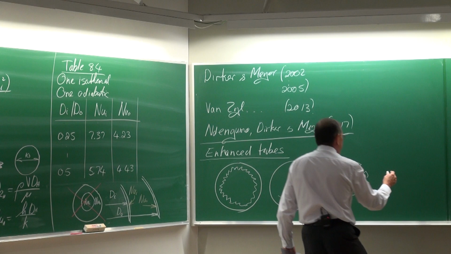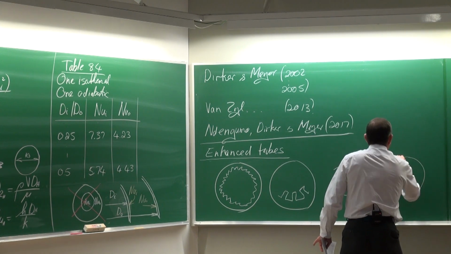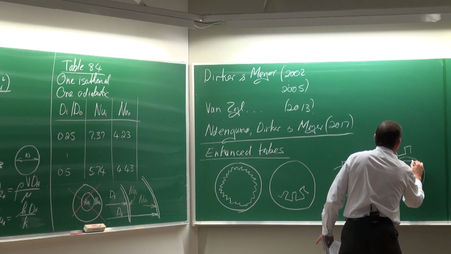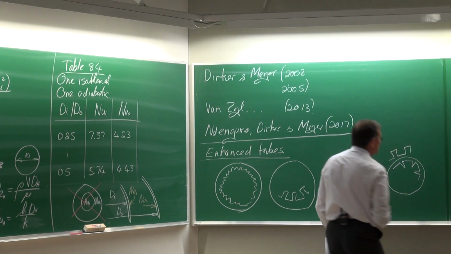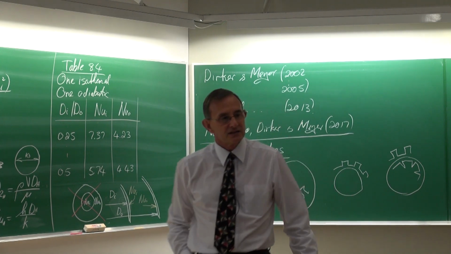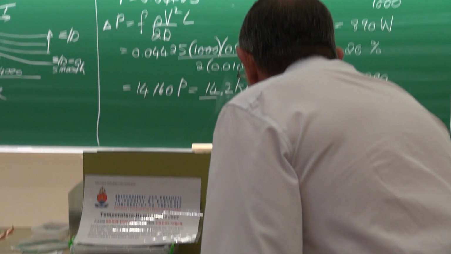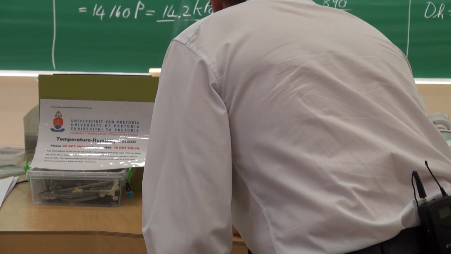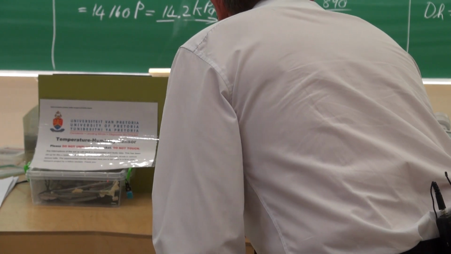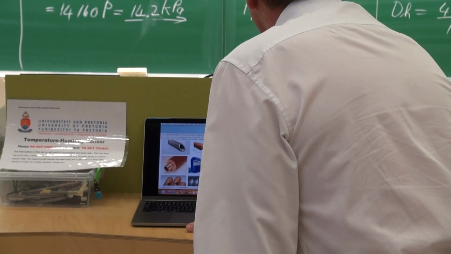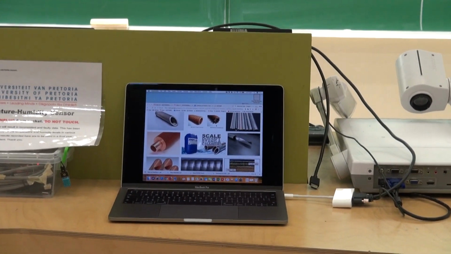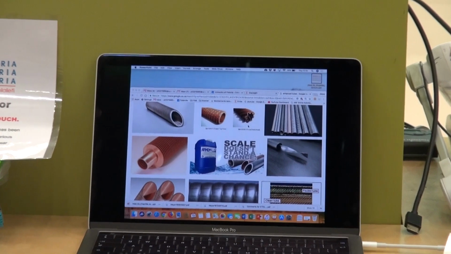And then you would of course have tubes which have fins on the outside and they've got fins on the inside. All these different fins have their advantages and disadvantages. So here I've Googled quickly, and there you can see some typical sketches of enhanced tubes.